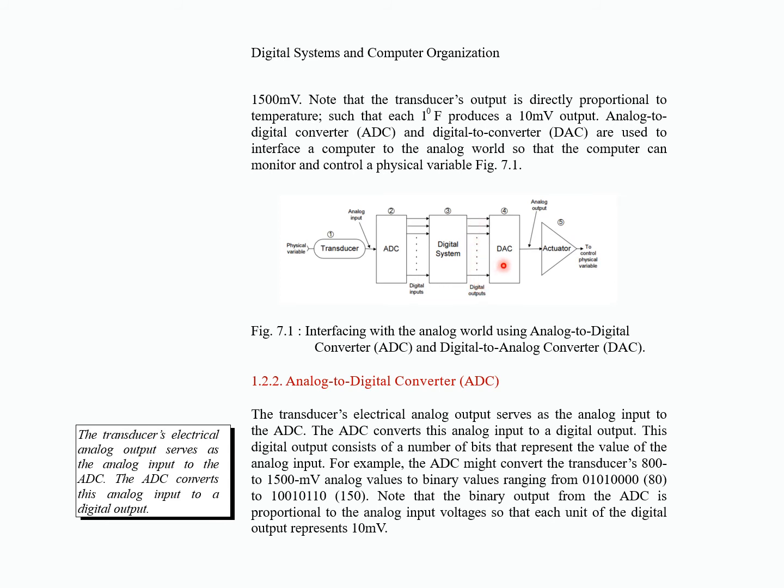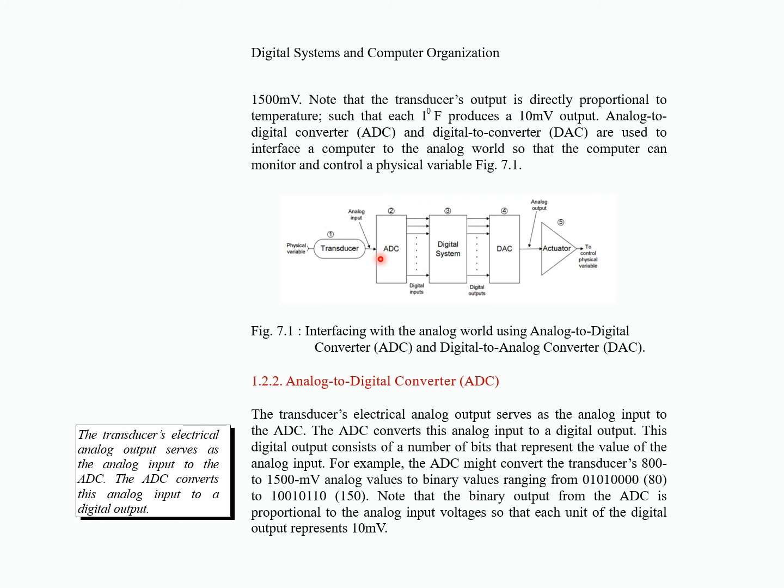Finally, we have to convert this digital output into analog output. So here we use the vice versa of the ADC, that is the digital to analog converter, and finally we get an electrical analog output, and to convert it into a physical quantity we use actuators.